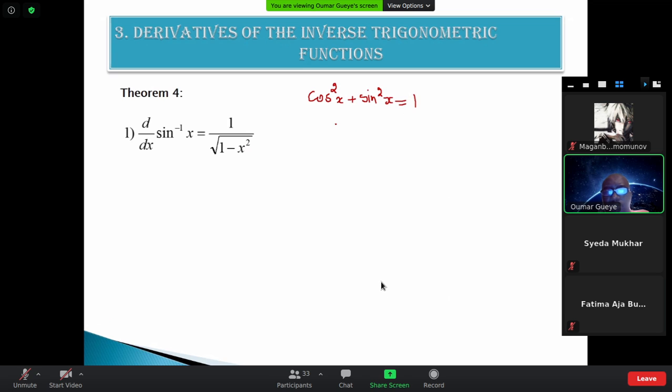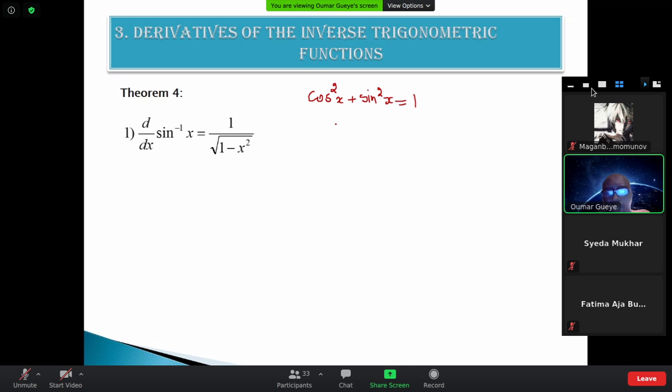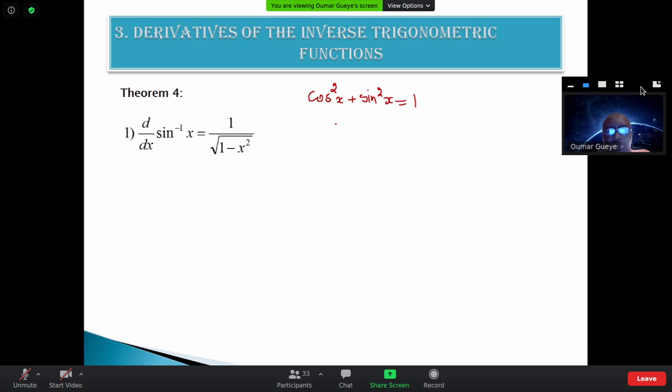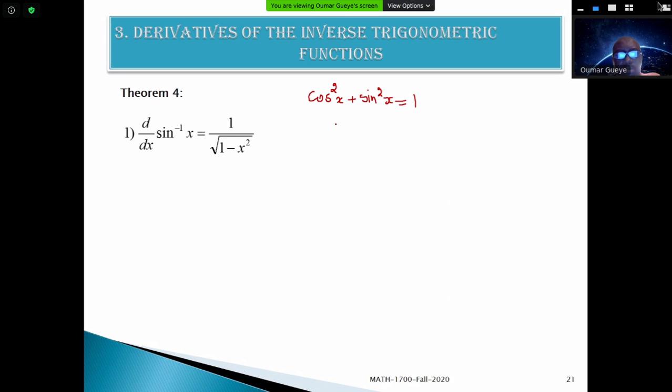We have a couple of trigonometric formulas that you are supposed to know in calculus too, because later on when it comes time to integrate functions involving trig functions, most of the time you have very complicated functions that you need to simplify, and to do so you need these transformation formulas in order to simplify your integral. So I'm going to give you some of them.